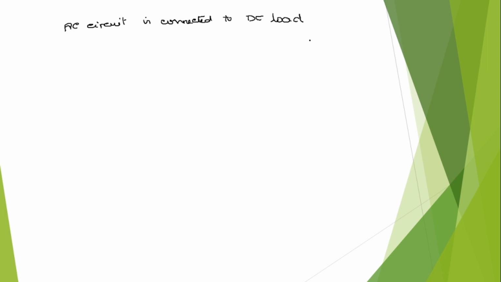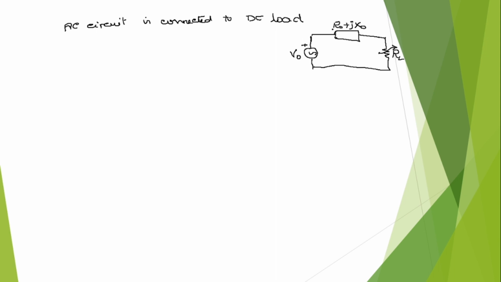AC circuit is connected to DC load means V0, this is R naught plus jX naught, R naught plus jX naught. Then the load is DC, RL. So in this case, what?